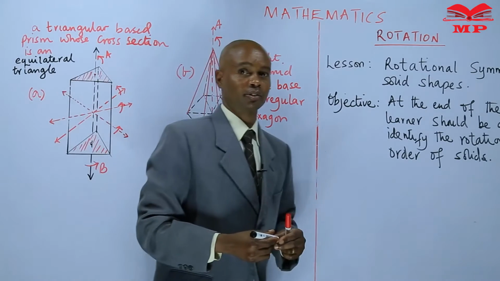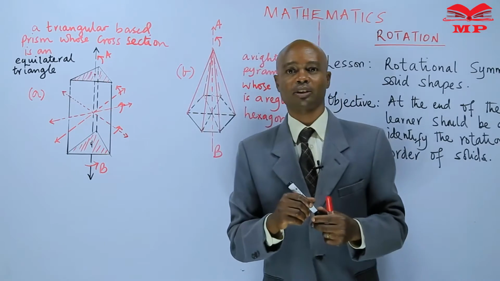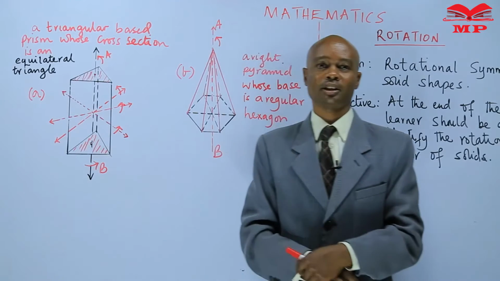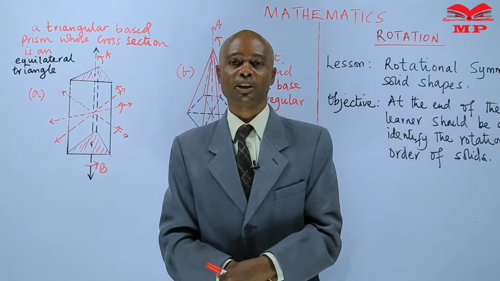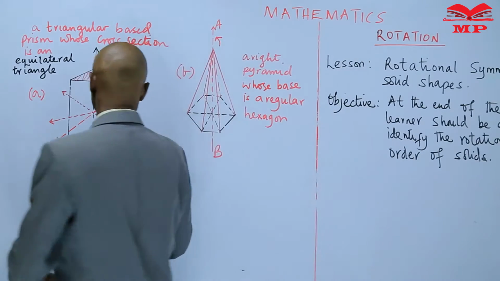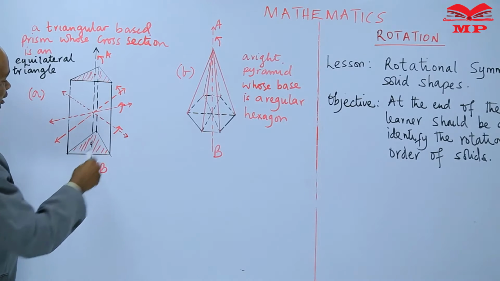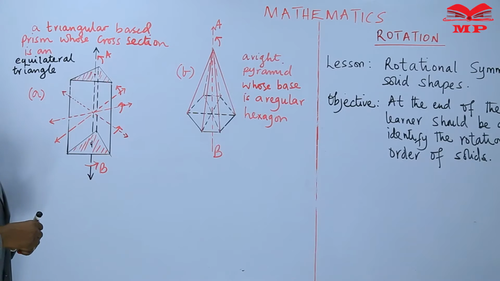At this stage, you know what an equilateral triangle is. An equilateral triangle will have all the sides equal. And when we were talking about the lines of symmetry, we noticed it had 3 lines of symmetry.